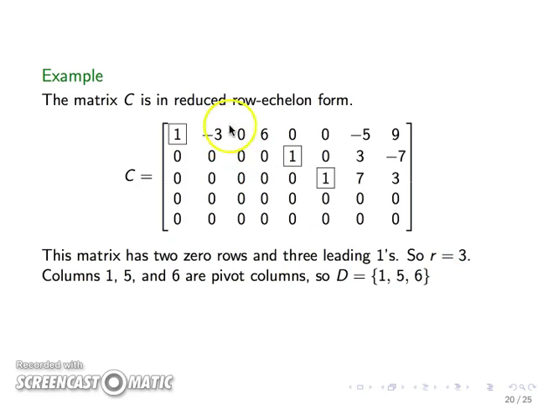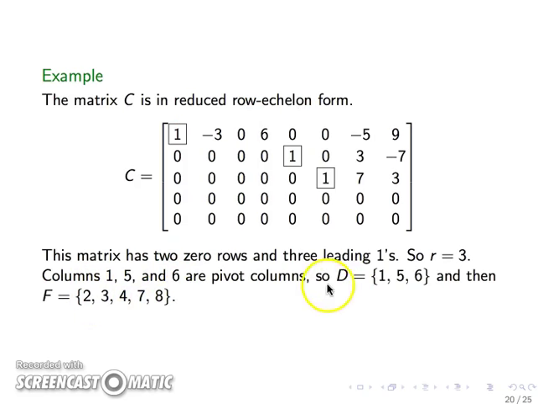This matrix has, let's see, 2, 4, 6, 8 columns. So this matrix has a total of 8 columns. That means that the set capital F is going to store all the other numbers that are not 1, not 5, and not 6. And so F contains 2, 3, 4, 7, and 8.